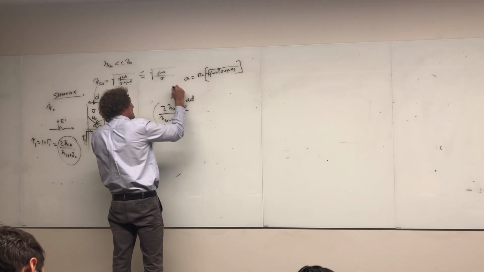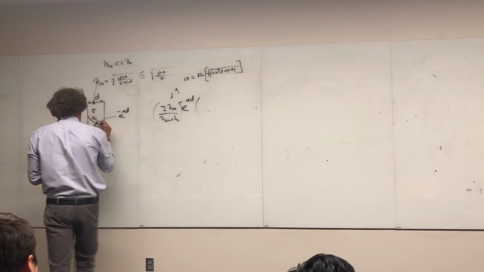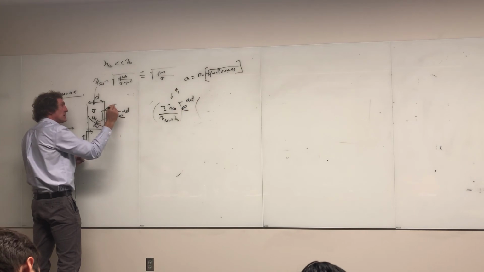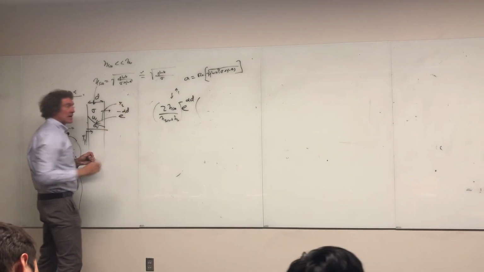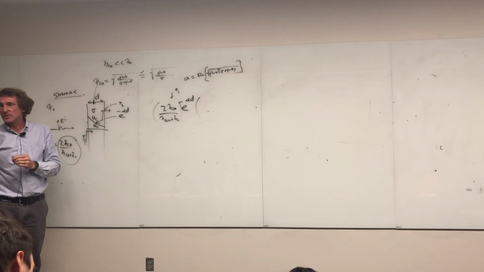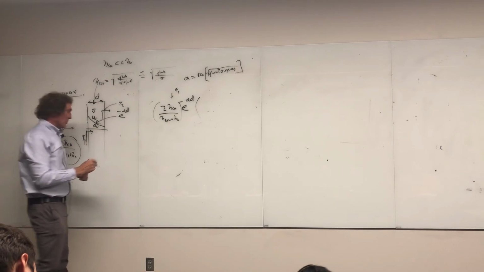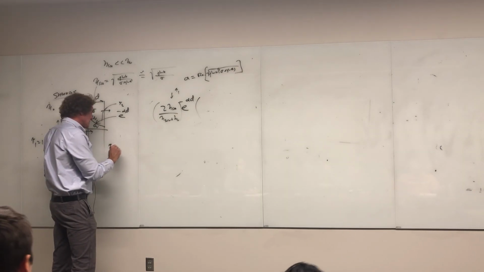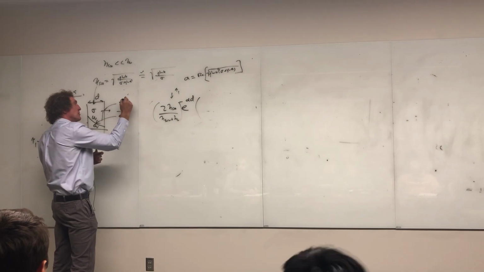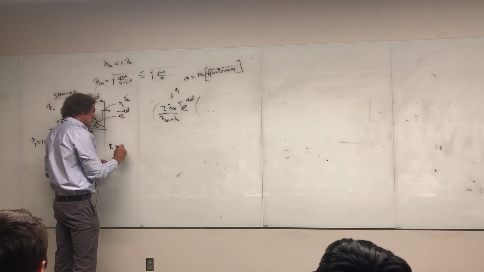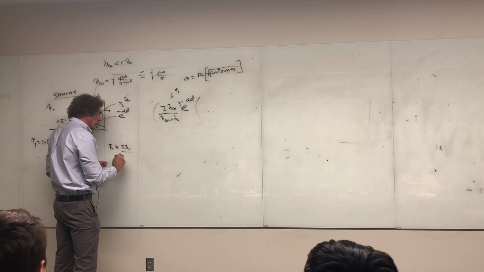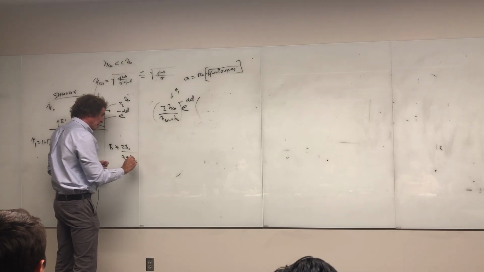That's tau 1. Then when it gets out of here, there's going to be a transmission coefficient tau 2. Now this is the interesting part. Please listen to this. When I look at tau 2, it's twice the impedance I'm going into, and I'm going into free space. So it's 2 times eta naught over eta naught plus eta shield.